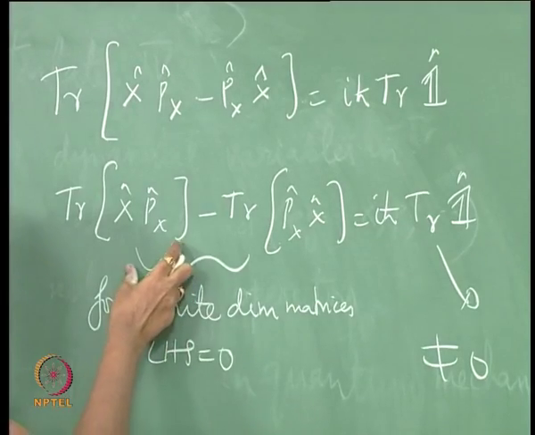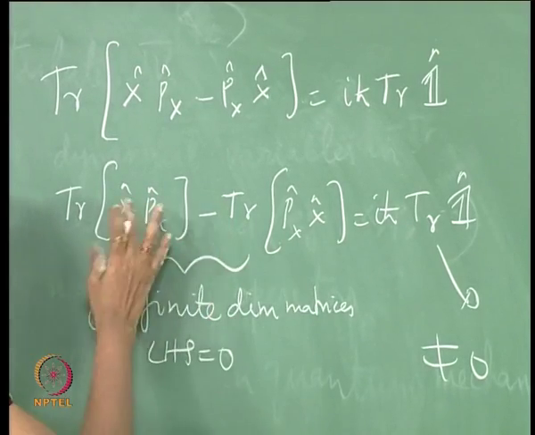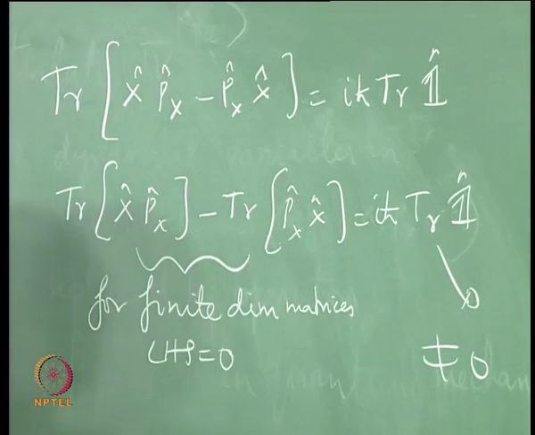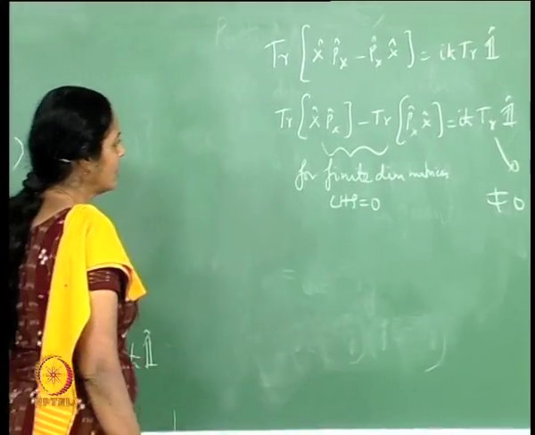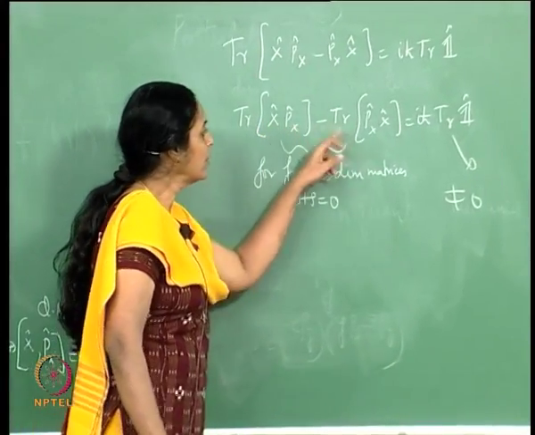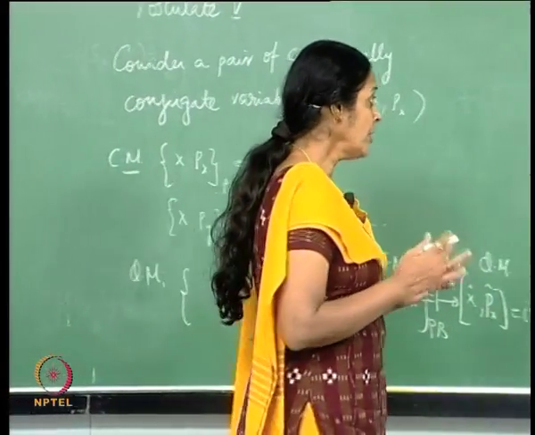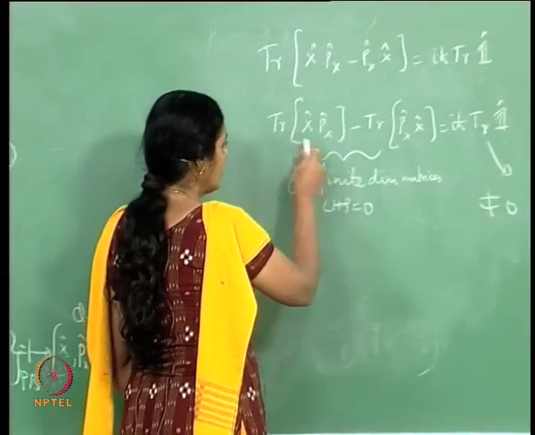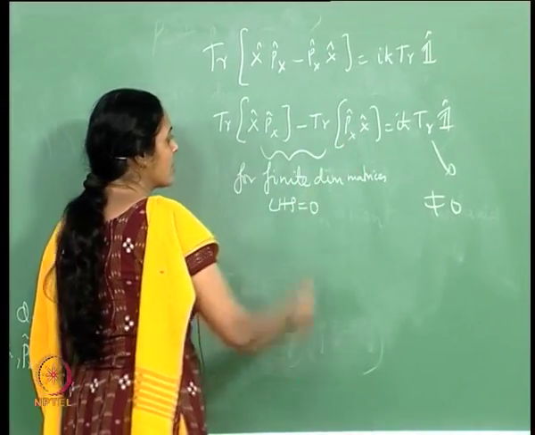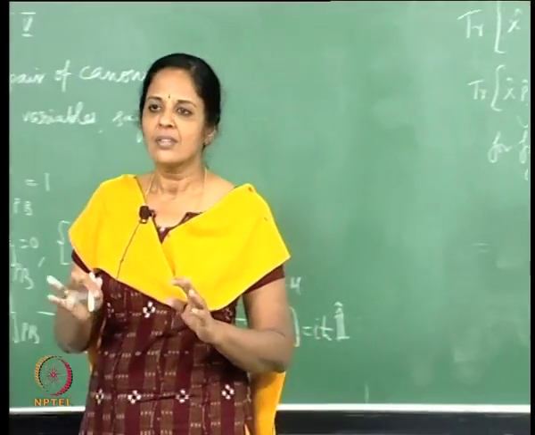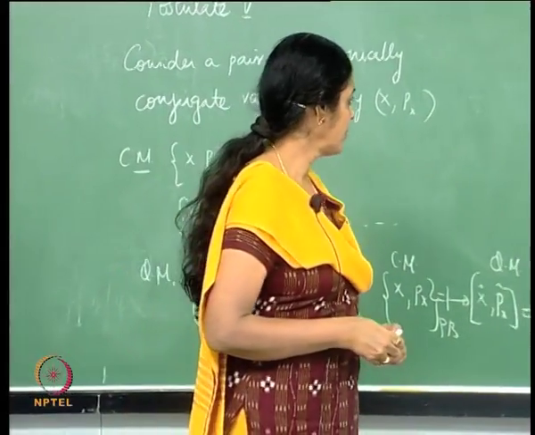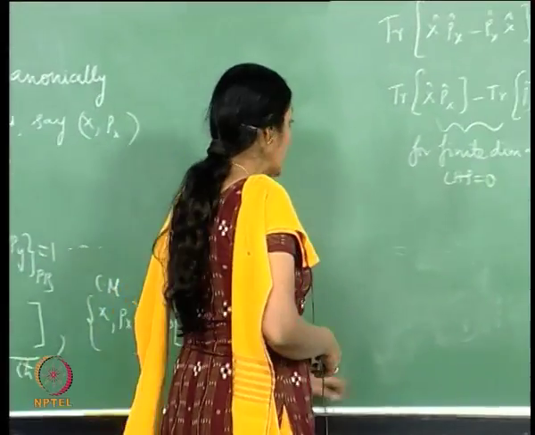It is pretty clear therefore right here that the only way out of this problem is to realize that x, px and so on are infinite dimensional matrices, and in infinite dimensions the invariance of the trace under cyclic permutations does not hold good, in general.